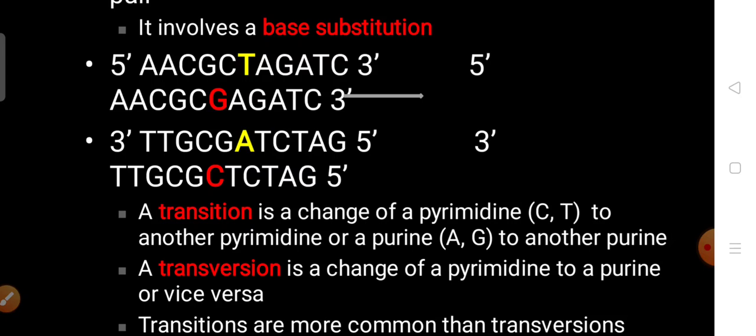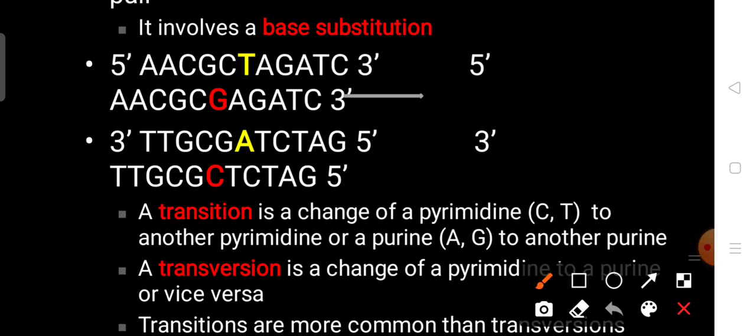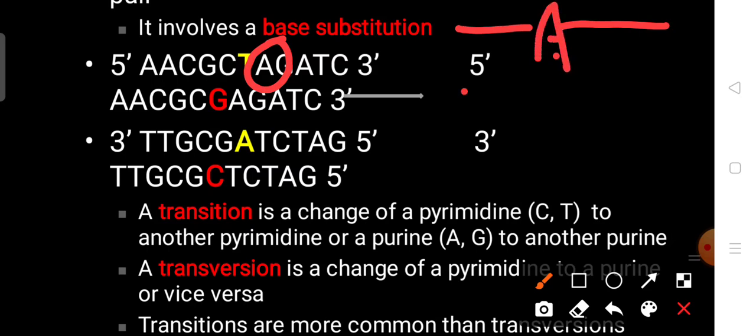Say, for example, this is a base A in the nucleotide sequence, and against the base A there will be T. That means there will be AT pairing.